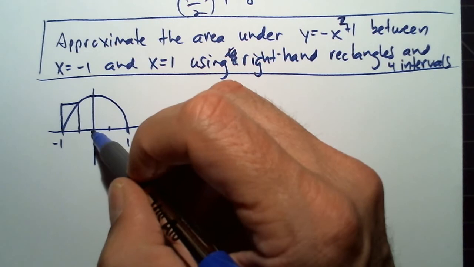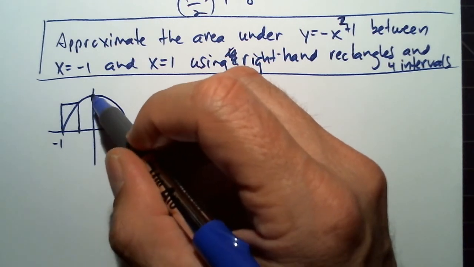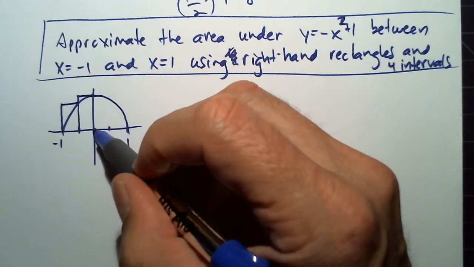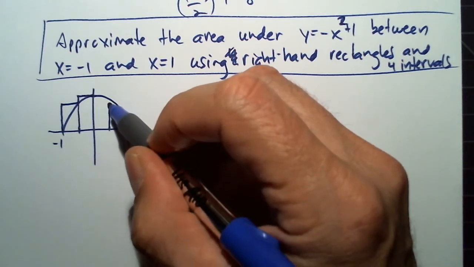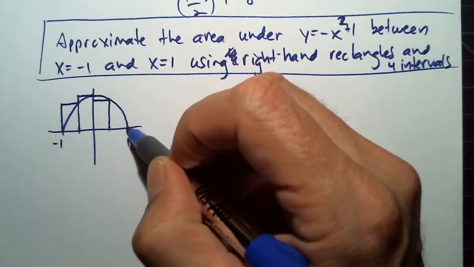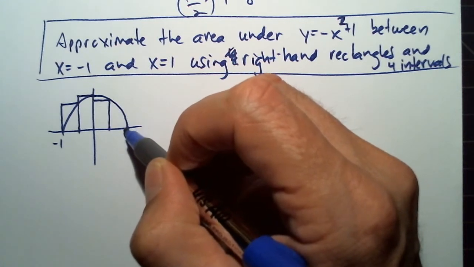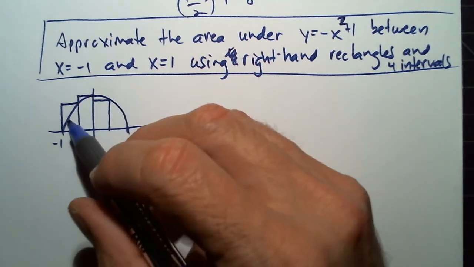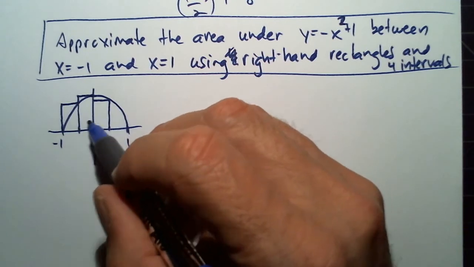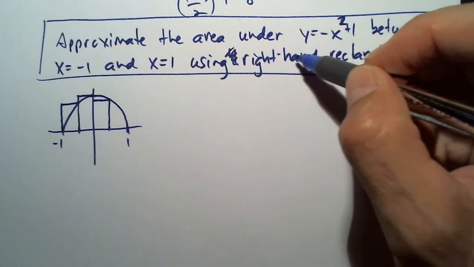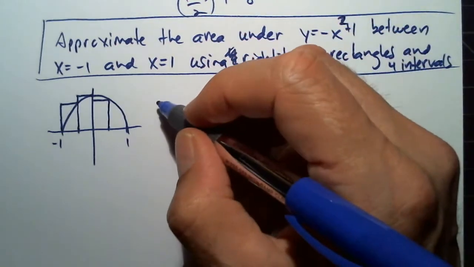Here's another interval. Here's the right endpoint. We go up to the curve to draw the rectangle. The right endpoint, go up to the curve, draw the rectangle. The right endpoint, the curve is touching the x-axis, so there's no rectangle here. The height is 0. And all we have to do is find the areas of these 3 rectangles, and that will be our approximation, our right-hand rectangular approximation.